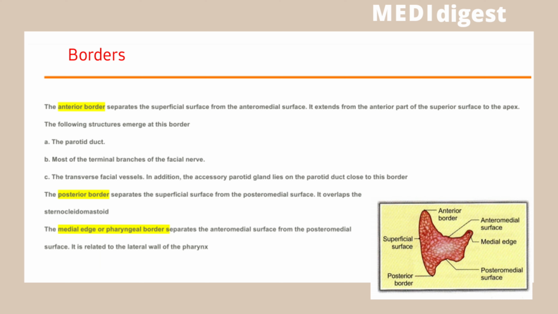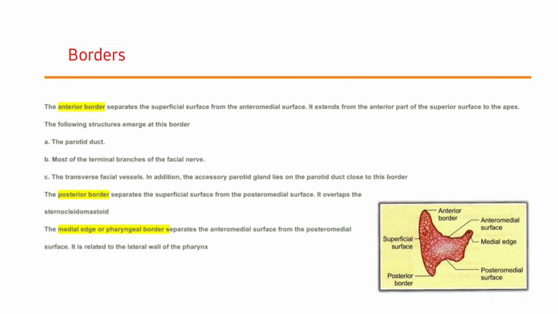Coming to the borders. The anterior border separates the superficial surface from the anteromedial surface. It extends from the anterior part of the superior surface to the apex. The following structures emerge at this border, that is the parotid duct, most of the terminal branches of the facial nerve, and the transverse facial vessels.